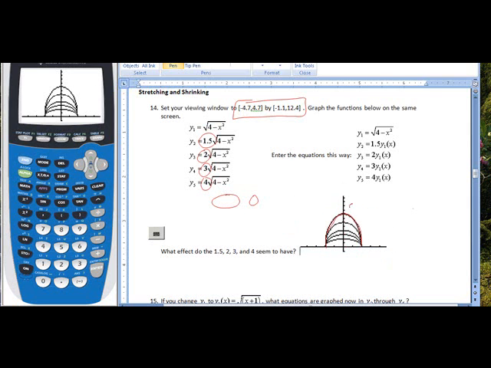There's a y-intercept at 8. The initial curve has a y-intercept at 2. And that is the graph of 4 times the square root. 2 times 4 gives you 8.